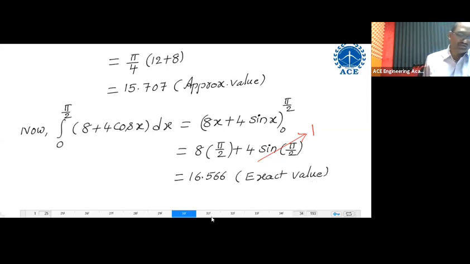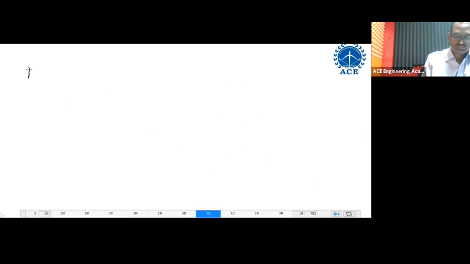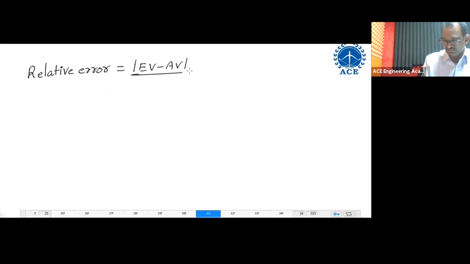First, I will write the relative error. Relative error is the modulus of exact value minus approximate value, divided by exact value.